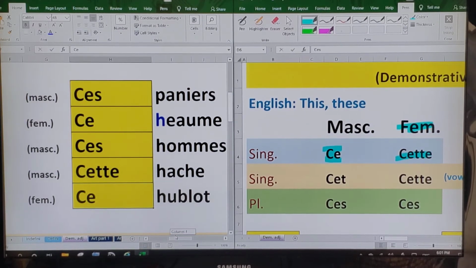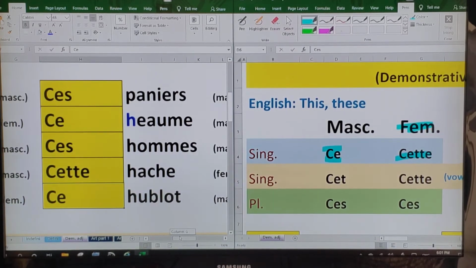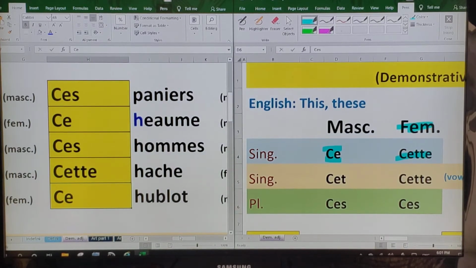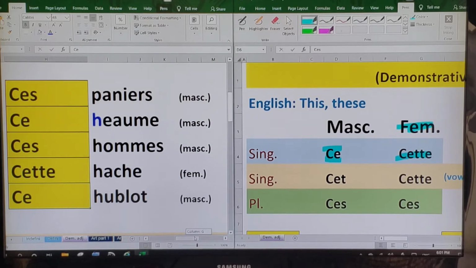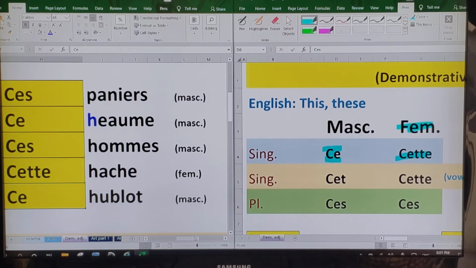Okay. And in my previous lessons, I taught about how you distinguish the nouns beginning with H mute or H aspirated. In case you don't remember that, please go back to my tutorial. I'll provide a link below, and you can go and look at the tutorial to see how you can distinguish between nouns beginning with H mute and H aspirated.